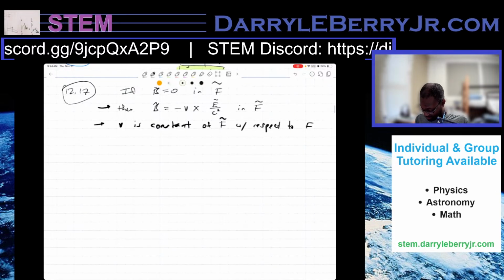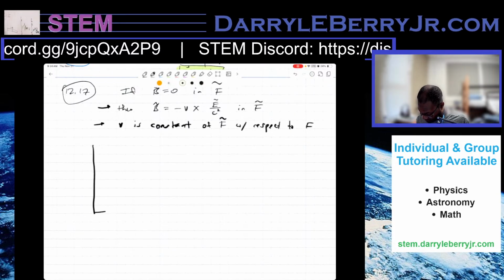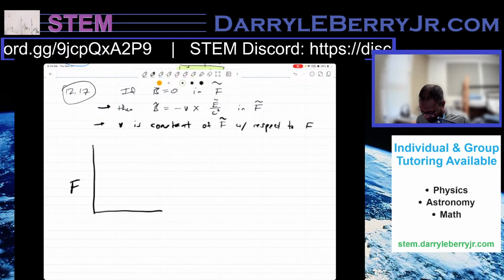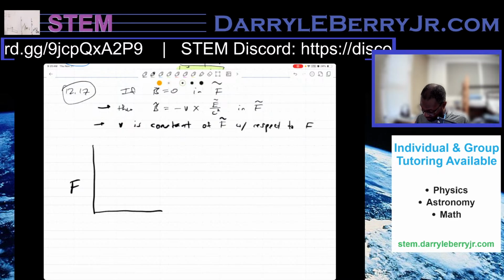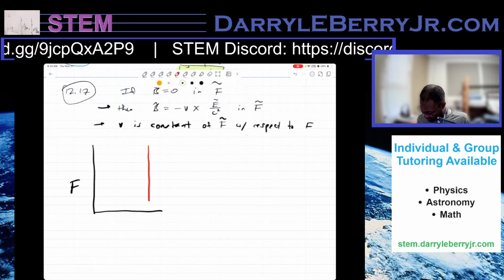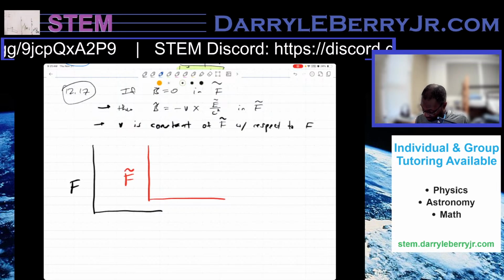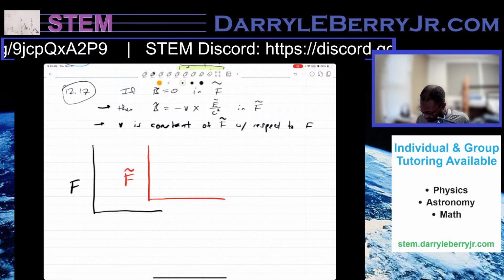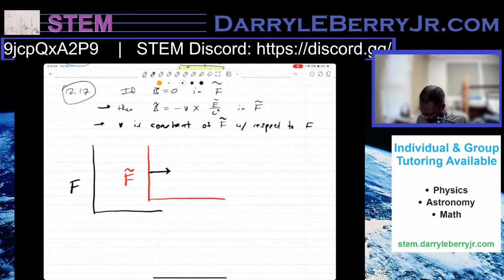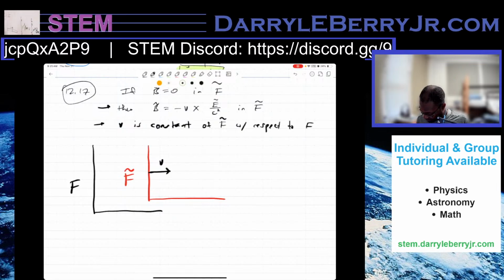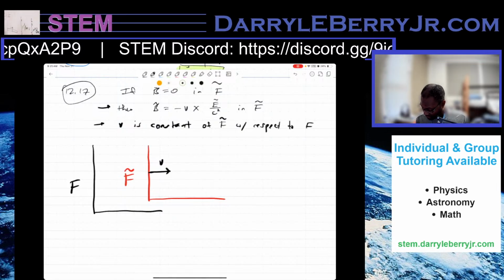So what we have is one frame F that's sitting there, and we have another frame F prime, and this frame is moving at a certain velocity, we're in the F frame.